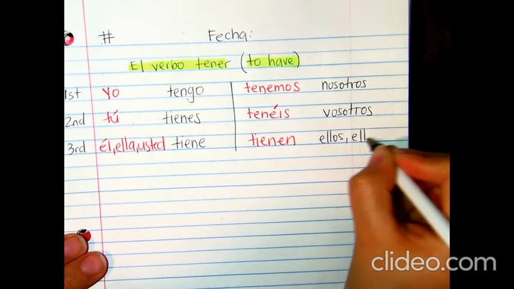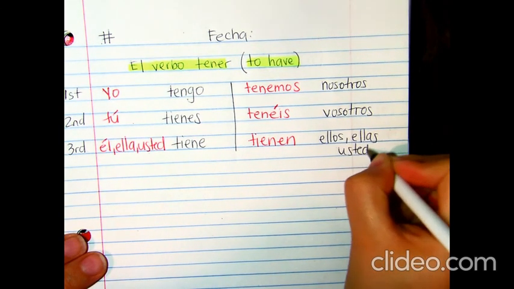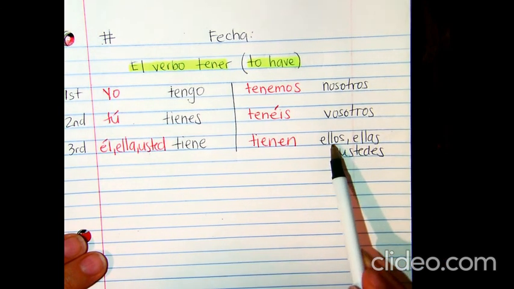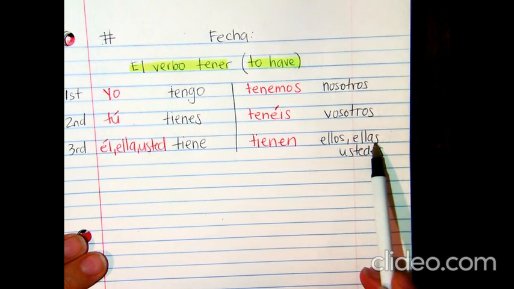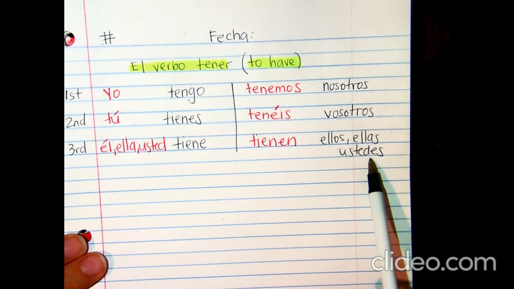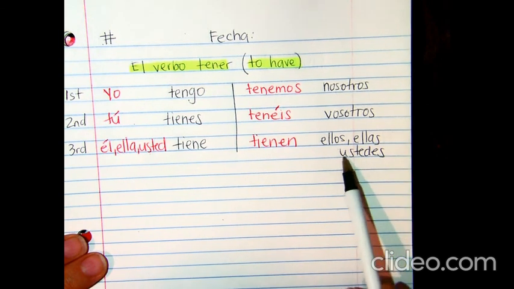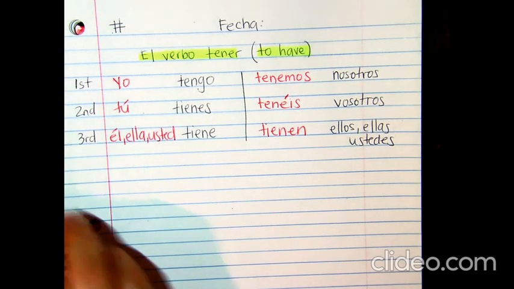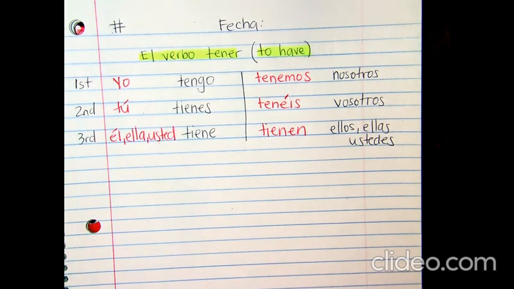Ellos means they, masculine. Ellos tienen. Ellas, it's they, feminine. Ellas tienen, they, feminine, have. Ustedes tienen means you all formal have. Okay?